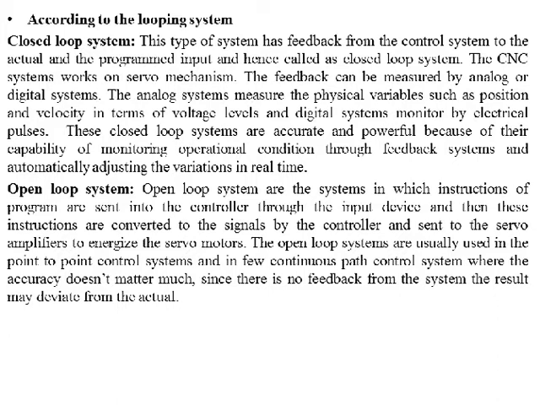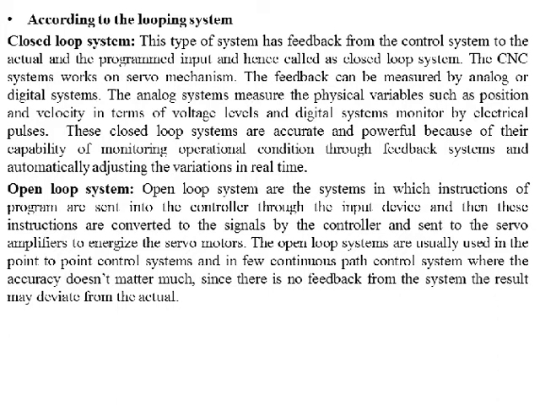So the CNC system works on servo mechanism operation. The CNC machine which makes use of closed loop system will work on servo mechanism. The feedback will be measured by analog or digital systems. So what is the purpose of analog system? The analog system will try to measure the physical variables such as position, velocity in terms of voltage levels, and the digital systems will try to monitor the electrical pulses.